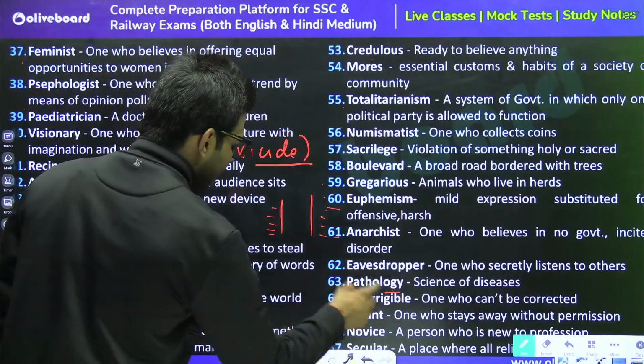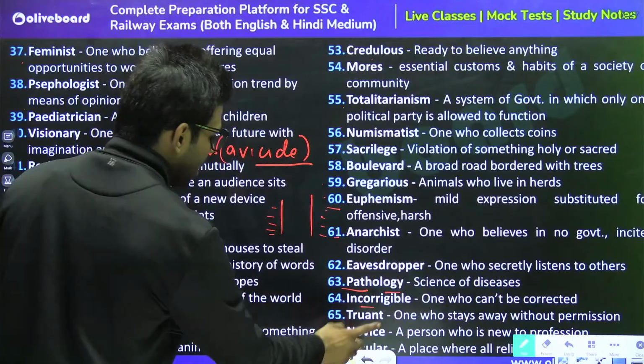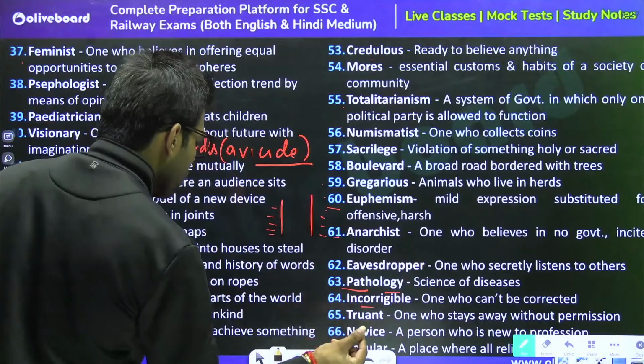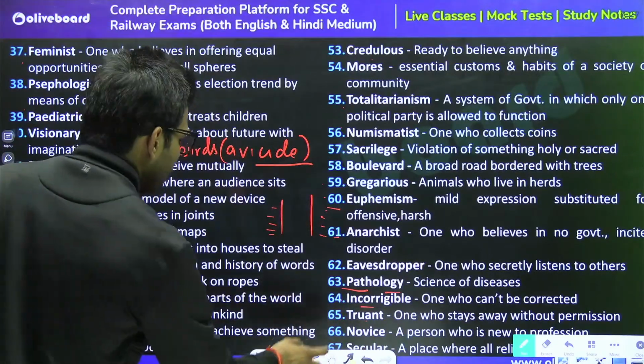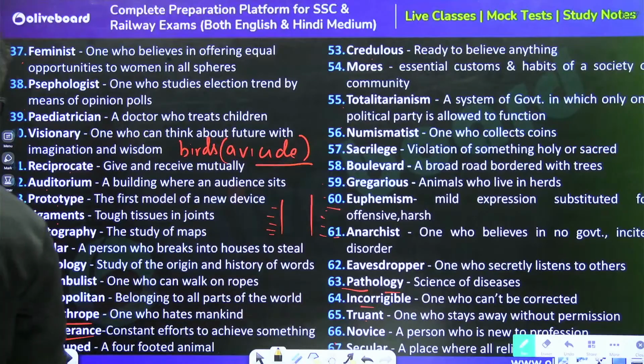Something which can be corrected, corrigible; which cannot be corrected, incorrigible. The one who absents himself without permission is supposed to be a truant. All of us have been, at some part of our lives, from some college or school, truant. Novice: new, beginner, tyro. And secular, where all the religions are respected equally well.